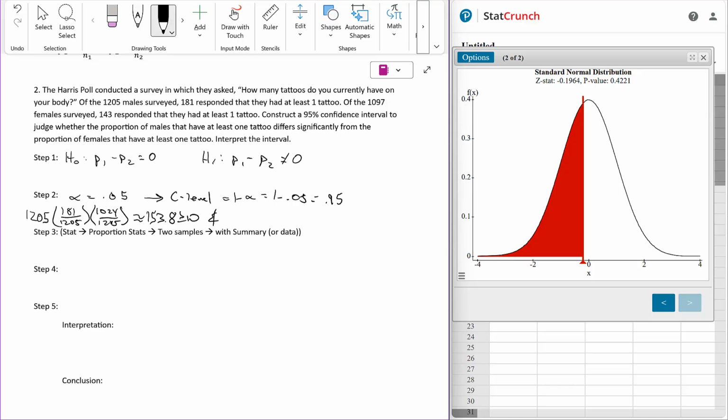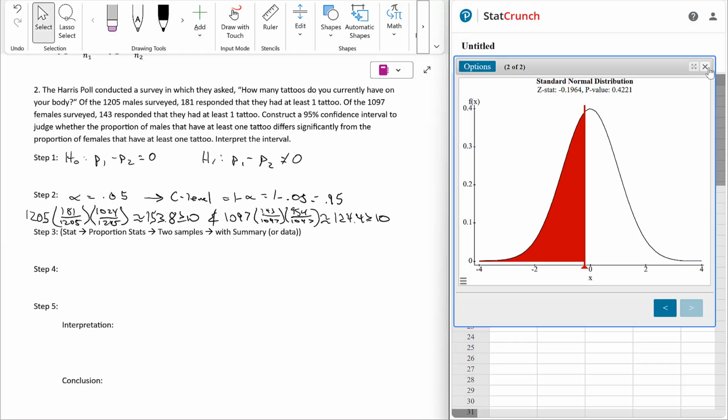And for the second set, we had 1,097 times 143 over 1,097 times 954 over 1,097 gave us approximately 124.4, greater than or equal to 10. And then again, we've got 1,205 males. If we multiply that by 20, we get 24,000 something. So definitely more than 25,000 males in the population, and more than 21,000 females. So we're good to go.